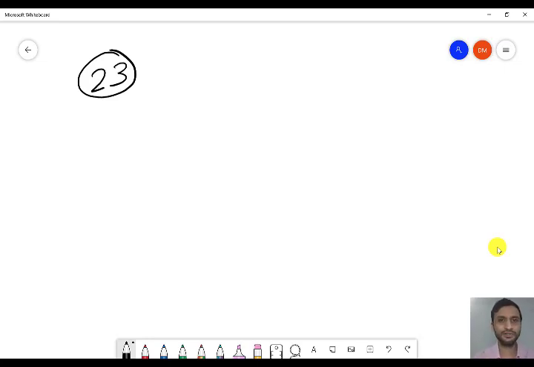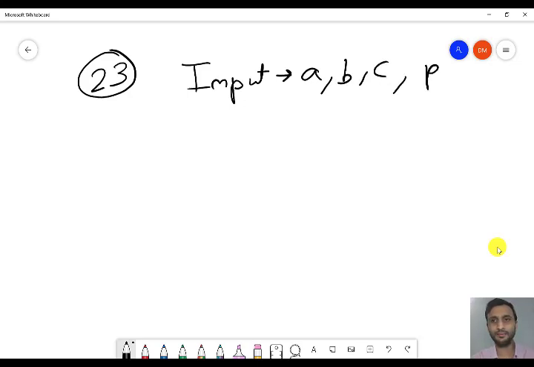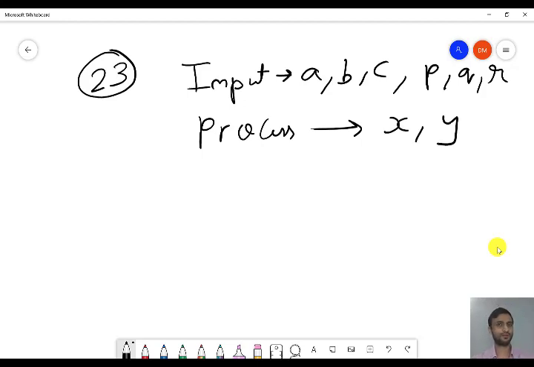So in this question, it has already told you what will be the input. You will input the values of A, B, C and P, Q, R, so total 6 inputs. And the processing is, you have to calculate X and Y. And what will be the output?